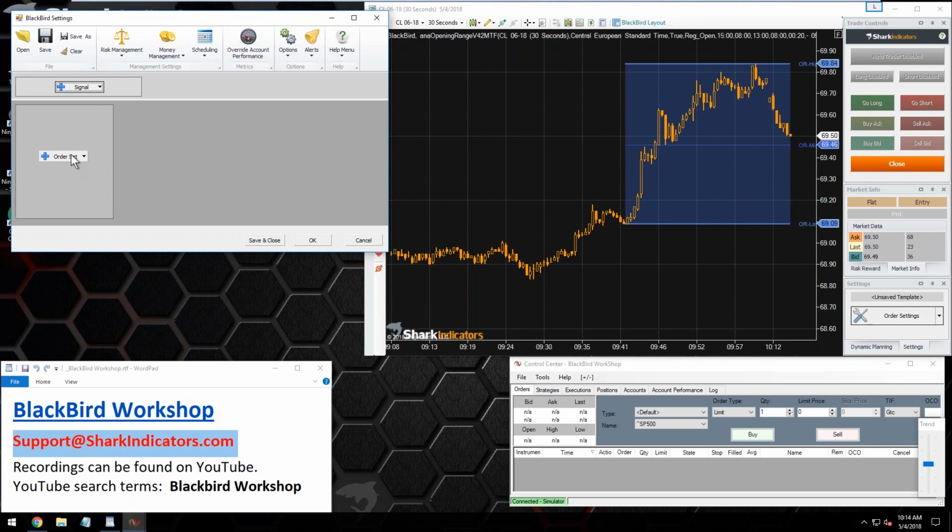Let's set up the entry order first. That's the interesting part. The BloodHound signal is pretty easy, but setting up the entry order, that's really where the work's going to take place. I'm going to use a stop entry just to make sure we get filled here.